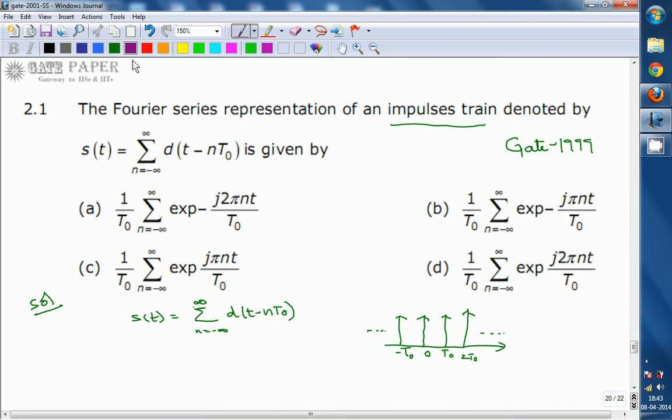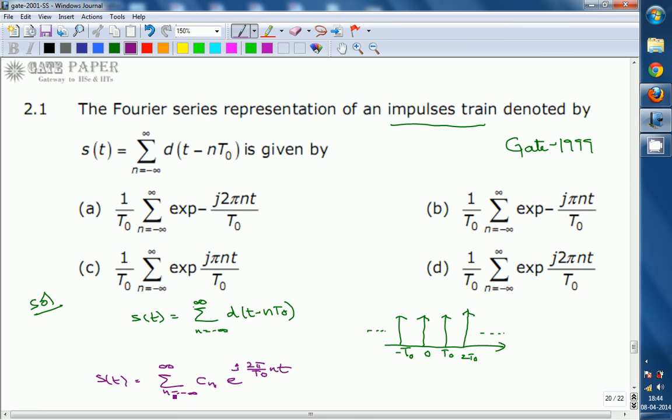By writing the Fourier series representation, we know that the exponential Fourier series for s of t is taken as s of t equals summation n equals minus infinity to infinity Cn into e power j 2 pi by T naught n t.